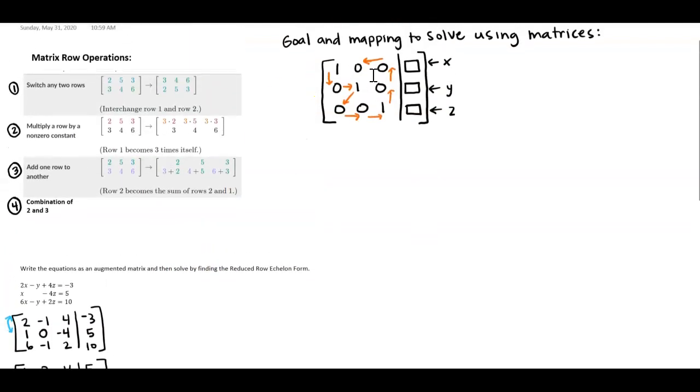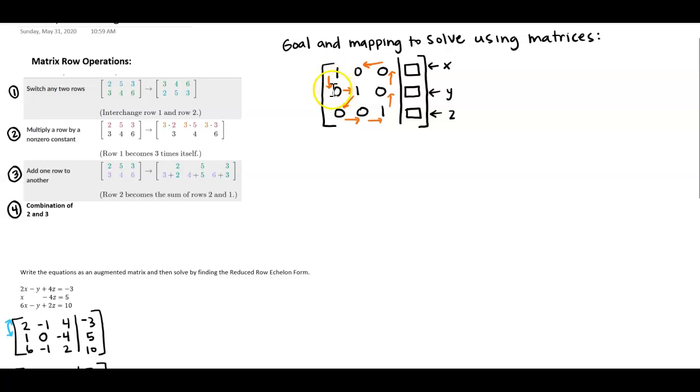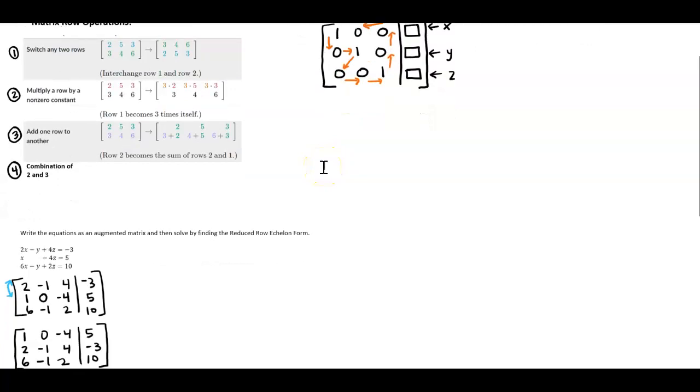Then after I get that to be a 1, I want to get the number underneath it to be a 0. There are a few ways to think about how to make 1s and how to make 0s, so I'm going to write a few things here so you can see. To make a 1, you can multiply the row by its reciprocal. Remember how we can multiply any row by a constant?